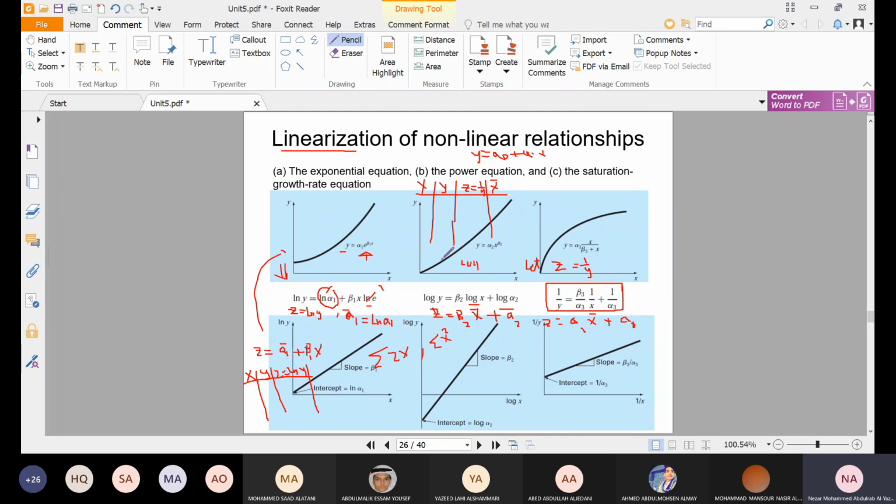After that, I will do my analysis to find the values of the coefficients beta 1 and alpha 1 bar. Then I will transform back to the original values, applying the anti-ln for this parameter, alpha 1 bar, to find alpha. After that, I will substitute in the solution that we have. Any question here?